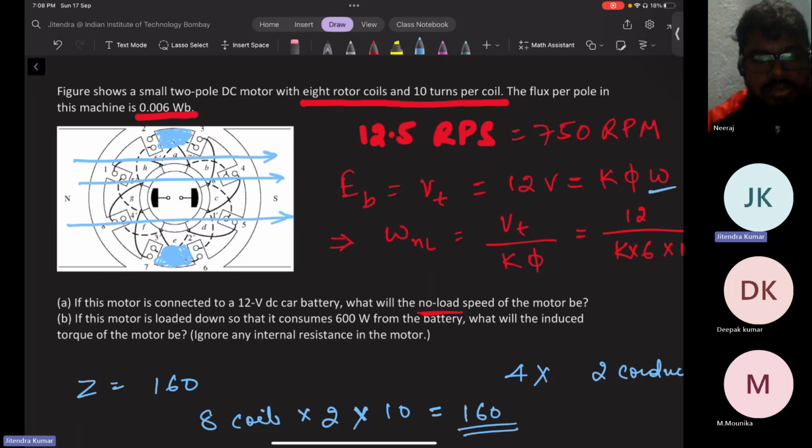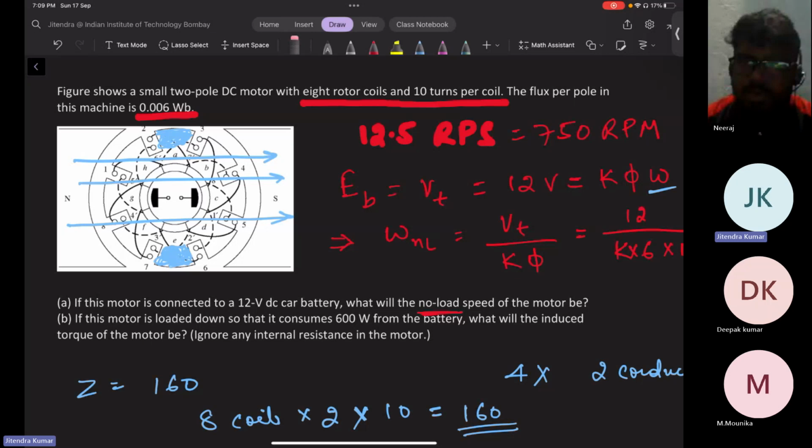Are you getting where it is leading? Where we can make mistakes? We have to remove those two coils which are in between the two poles. Yes, yes.